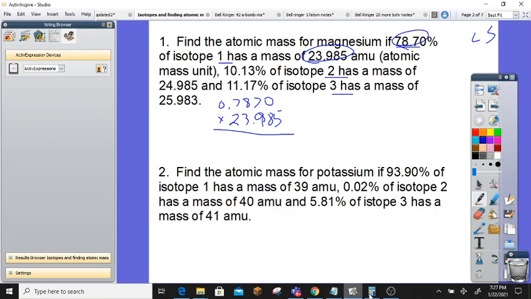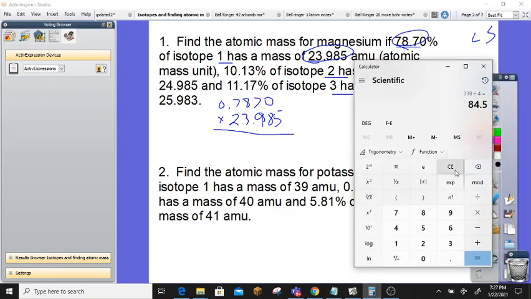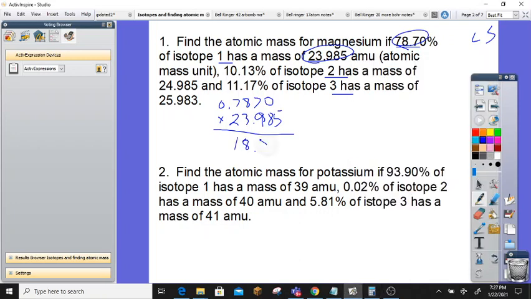I'm going to multiply those numbers. So 0.787 times 23.985. And I'm going to write that number down, 18.87. 18.87. Okay, I'm going to do the same with the next number.